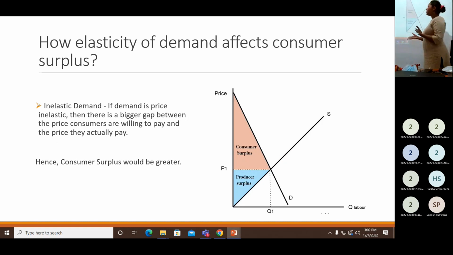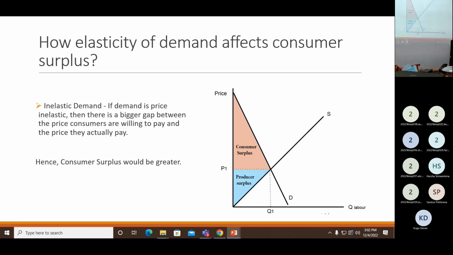Now, your consumer surplus and producer surplus will differ, especially consumer surplus, based on whether your demand curve is an elastic demand curve or an inelastic demand curve. Now this example shows an inelastic demand curve. Do you agree with that? It's an inelastic demand curve, a steep curve.